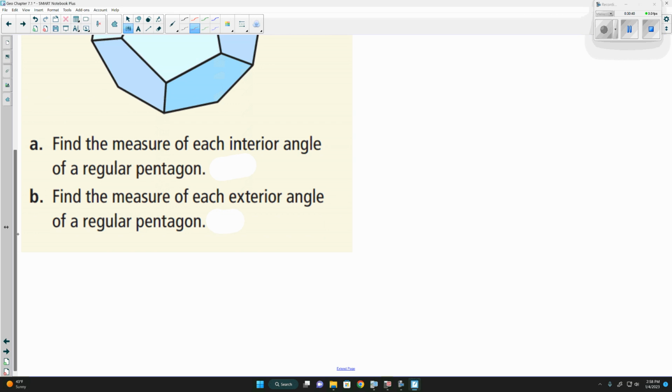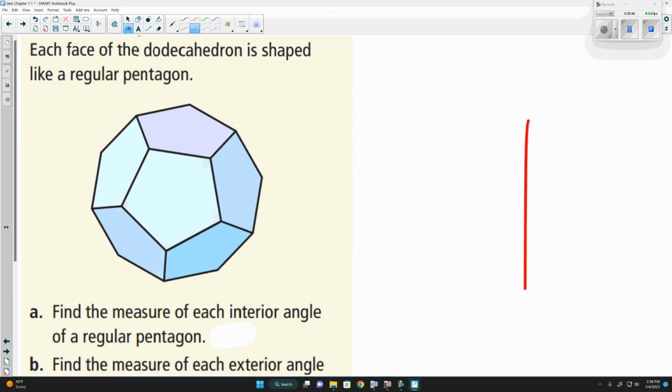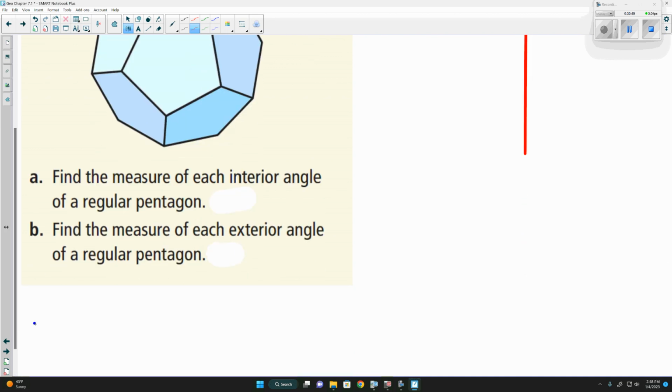Dodecahedron. So each face is a pentagon. Yes. Pentagon. So each one has 5 sides. So we could say 5 minus 2 times 180 divided by 5.